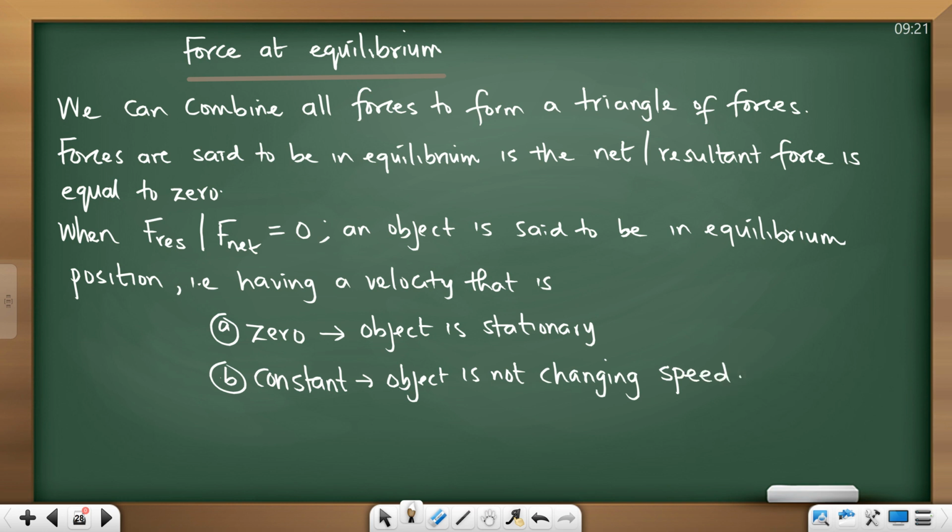So when F net is 0, a system is said to be at equilibrium. We are going to use this in our Newton's laws in the next session. Or an object is said to be at equilibrium.